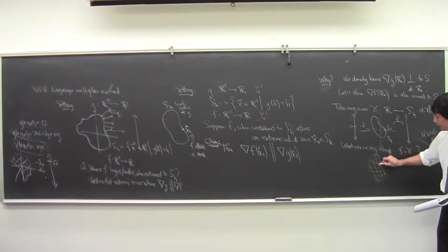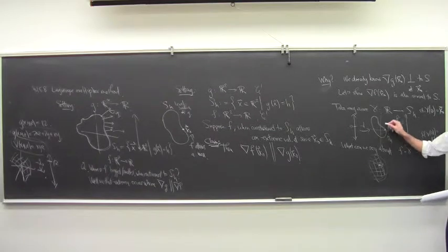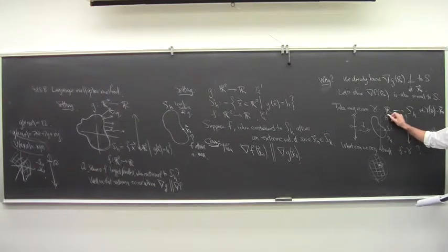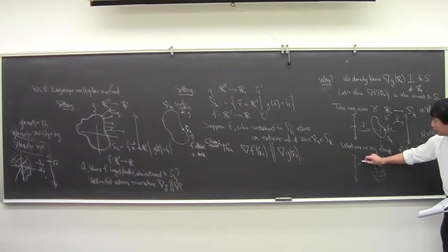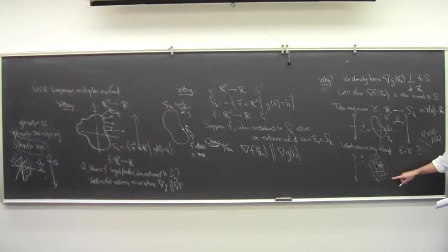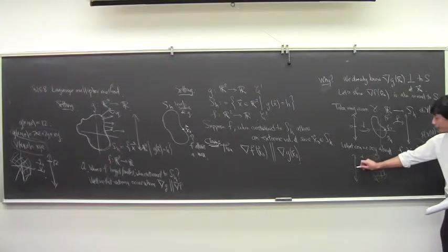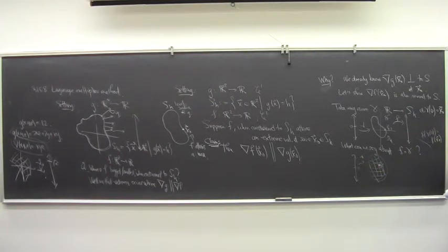So not necessarily true. Just to clarify, this thing in the middle really should be Rn, and gamma is a path that's running on this surface that passes through x naught at time 0.